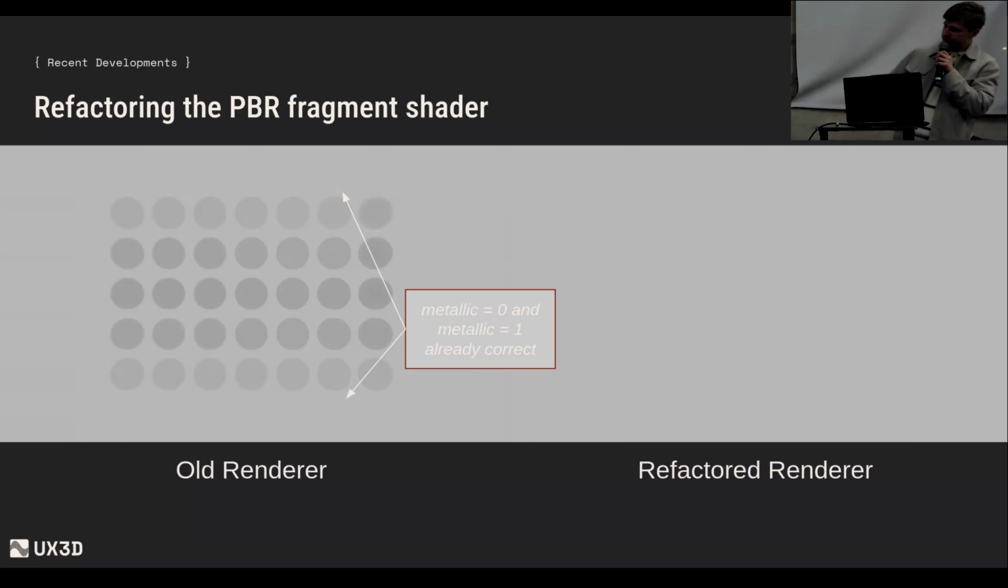As you can see here, in the old renderer, for materials which were mixed, so not totally dielectric or metallic, the furnace test didn't work. So the energy conservation wasn't as expected. And now with the new shader code, you cannot see the object anymore.